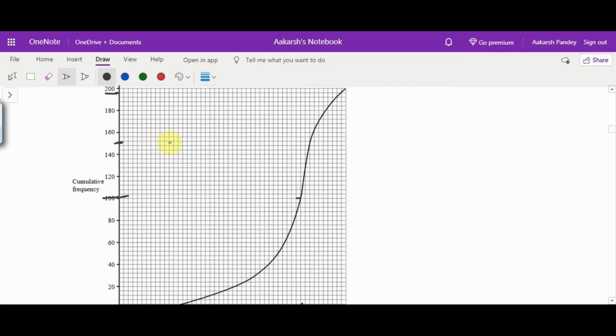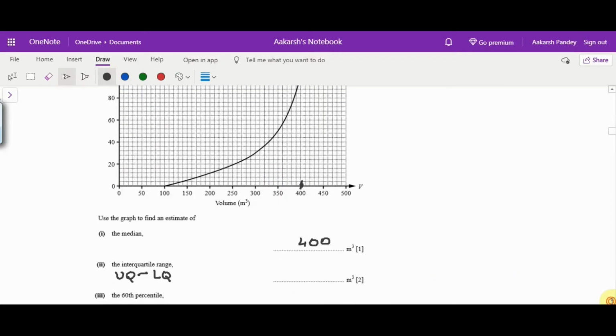So again I'll draw a line at 150 and find the corresponding value at the 150th position, and lower quartile will be at 50, so the value at the 50th position.